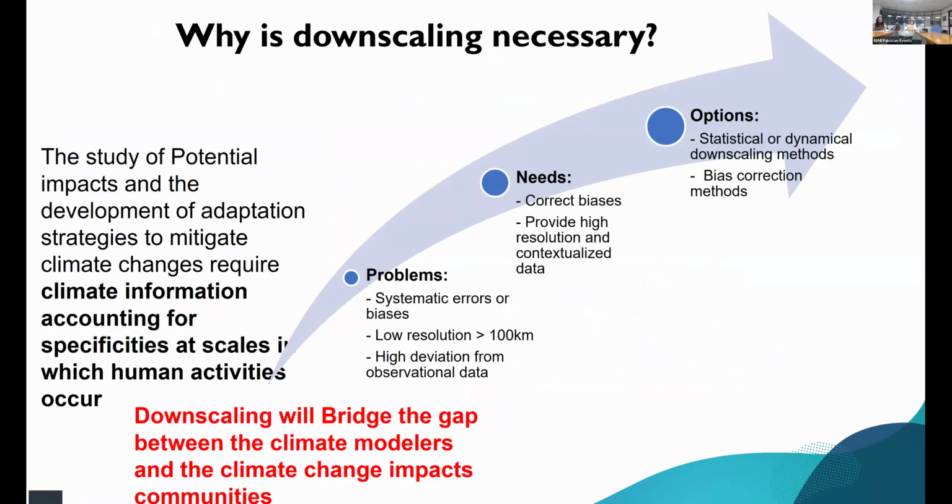And of course, if we want to use this information to help us make decisions about a particular thing, then we need information that accounts for the specificities of that location at the scale that we want to make this decision. High-resolution projections provide a better understanding of localized extreme events, such as heat waves, intense rainfall, or droughts, which directly impact the effectiveness of nature-based solutions.